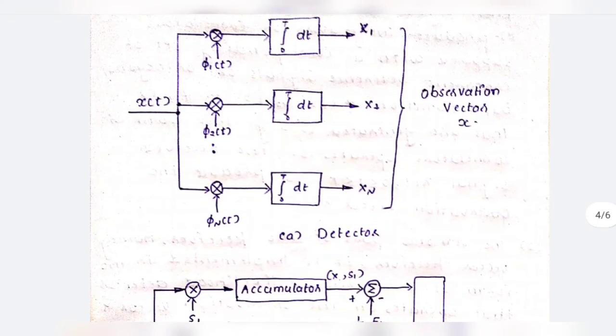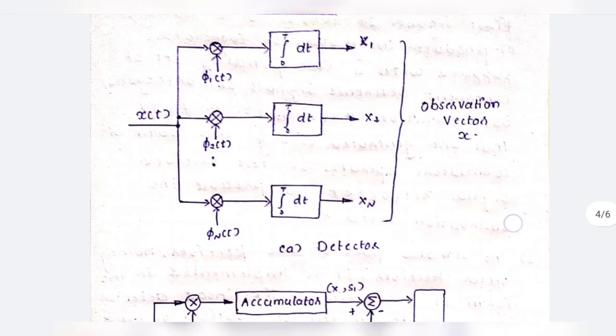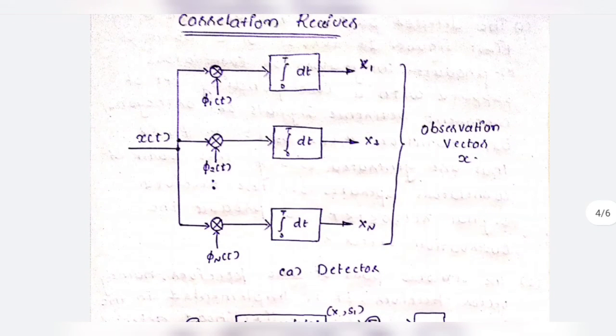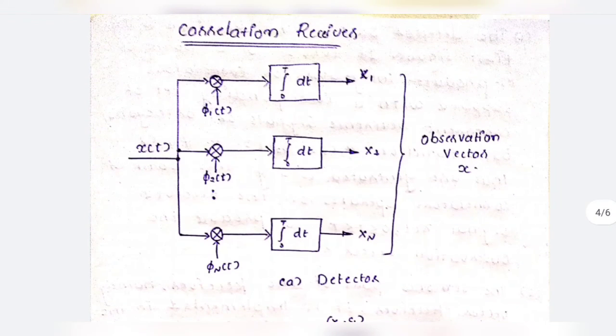It consists of bank of M product integrators or correlators supplied with a corresponding set of coherent reference signals or orthogonal basis functions phi1 of t, phi2 of t, etc. phi N of t that are generated locally. This bank of correlators operates on the received signal x of t in the interval 0 less than or equal to small t less than or equal to capital T to produce the observation vector x.